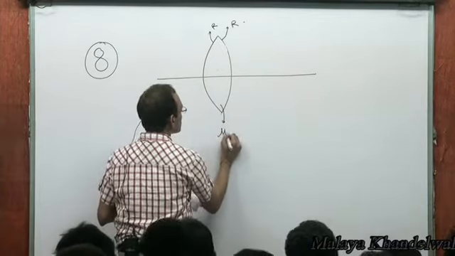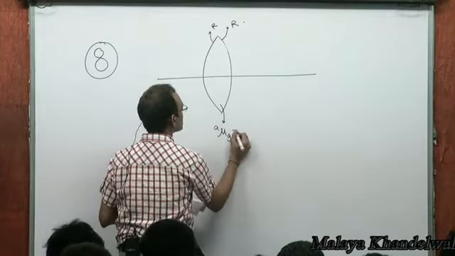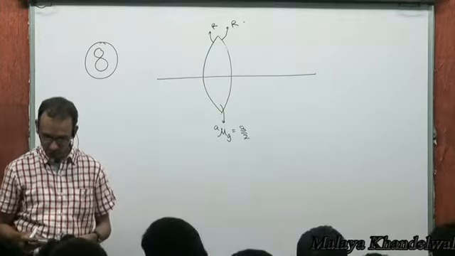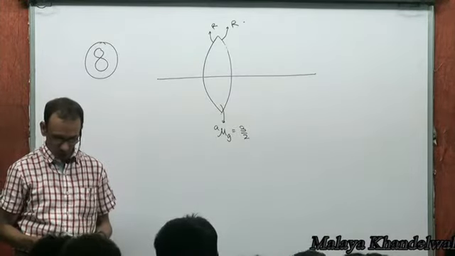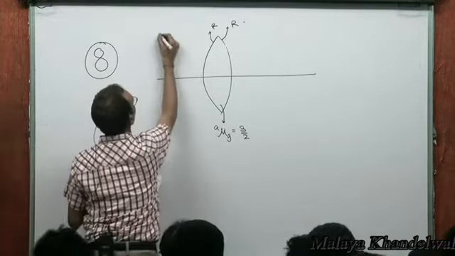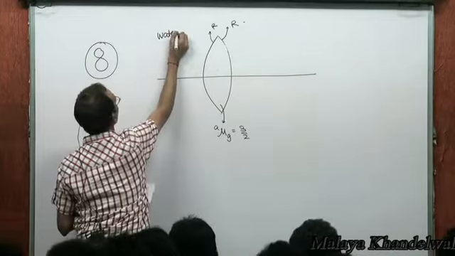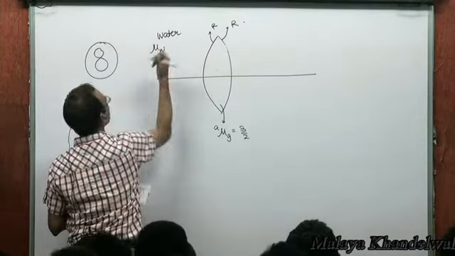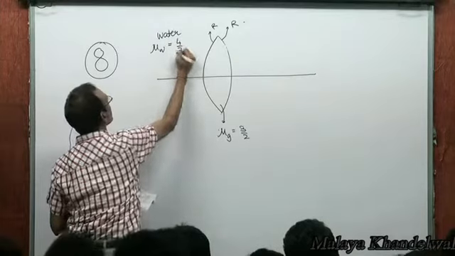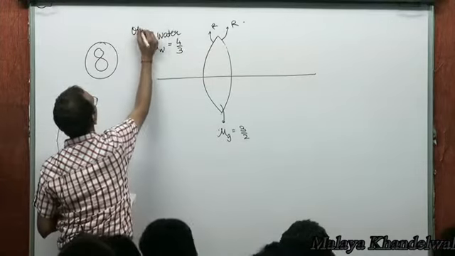Mu of glass with respect to air is 3/2. There is water in object space, with mu w, everything with respect to air, equal to 4/3. This is the object space.